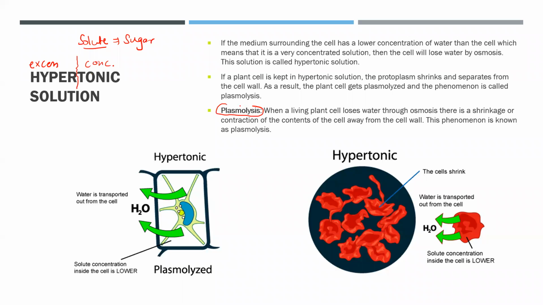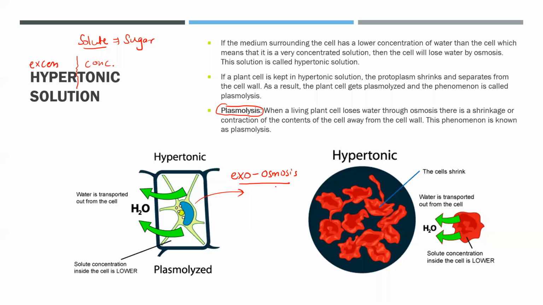And what is plasmolysis? Plasmolysis is the removal of water. Water gets removed or goes outside the cell, and this process is termed as exosmosis. Any problem up till here? Okay, then let's move on to the next part.